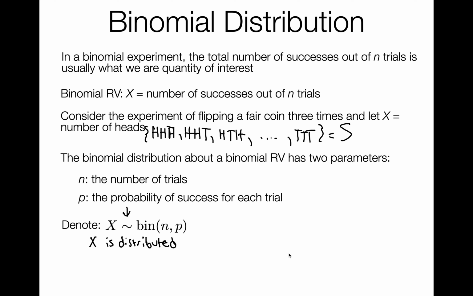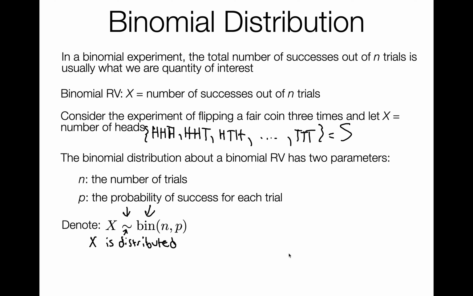So that's what the tilde means, is distributed, or it has this form. Any binomial distribution, you're going to put in this spot between the tilde and the parentheses, it tells you what type of distribution it is.